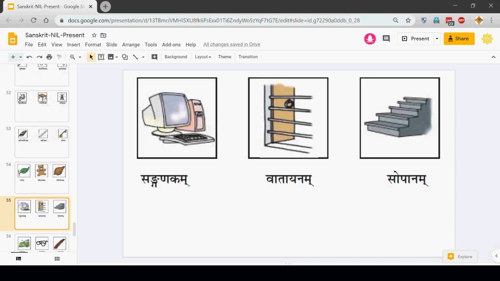Shiv, next one. Sangnakam. Yeah. Sanganakam. Like Sangeeta, we saw before, Sangeetam is music. Sanganakam is computer. Next one.